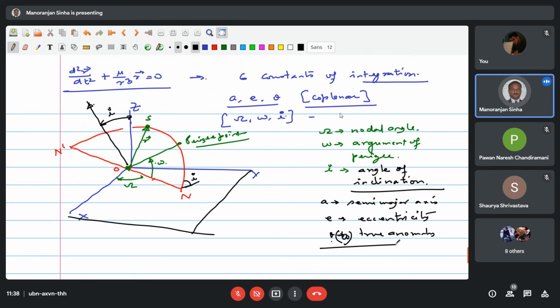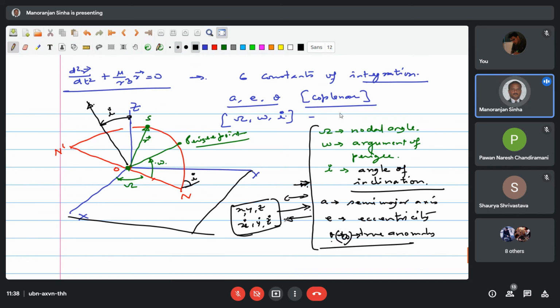So at any instant of time, these 6 parameters constitute what we call the orbital elements or parameters of the orbit. And they are convertible with x, y, z and x dot, y dot, z dot. Means the velocity components and position components can be converted into this and back and forth.